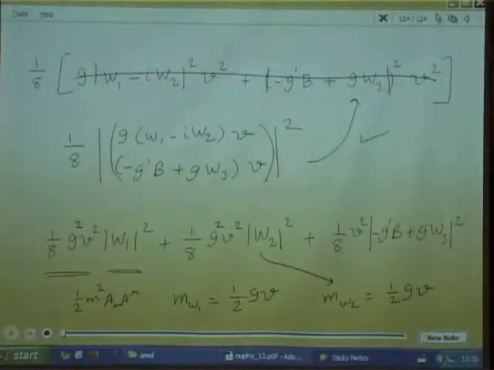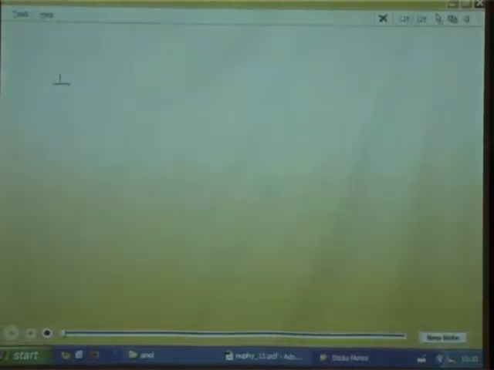Third term is 1/8 V square minus G prime V plus G W3. Now this term, let me write it down. 1/8 V square.